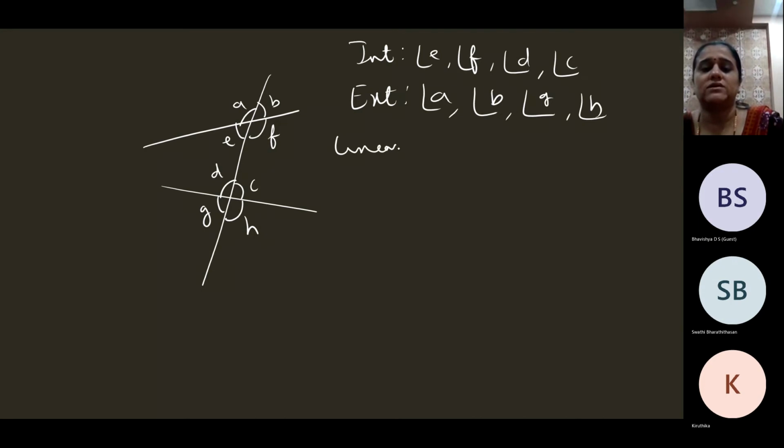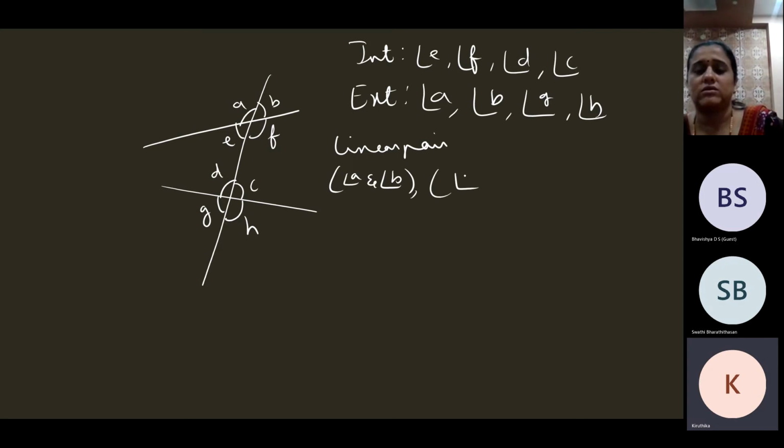Linear pair, Kritika. Ma'am, angle A and B. Yeah, go on. Go in the order.